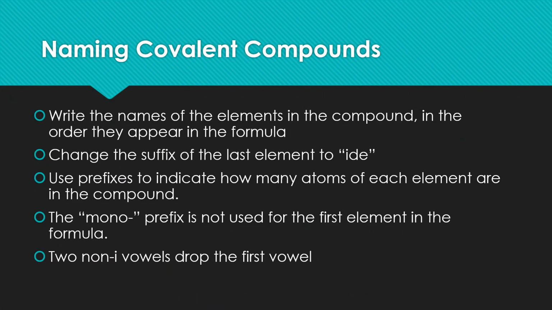For instance, mono is the prefix for 1. We don't tend to use it for the first element in a formula, but we do always use it for the latter ones. And the other weird rule is when you add that prefix, if you have two non-I vowels in between the prefix and the name of the element, then you're going to drop the first one. And we'll show a couple examples of these.